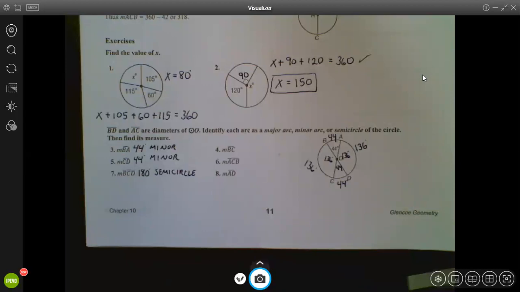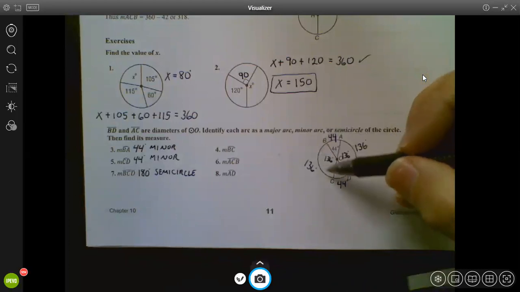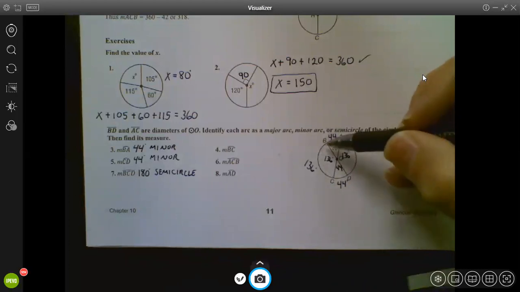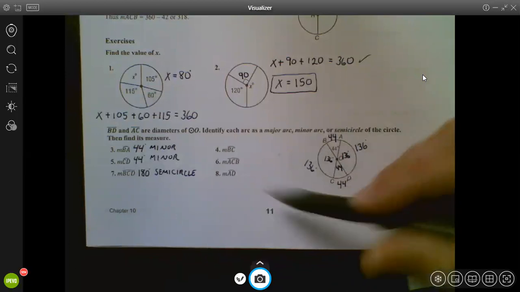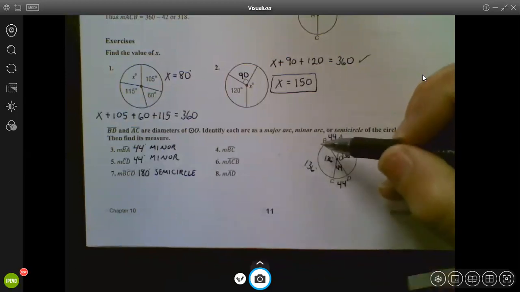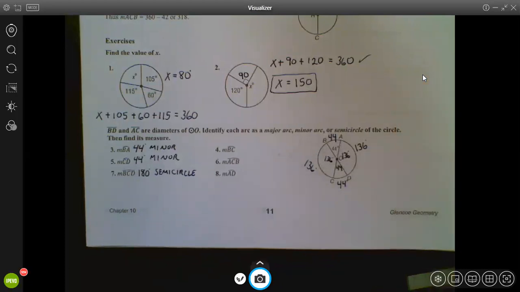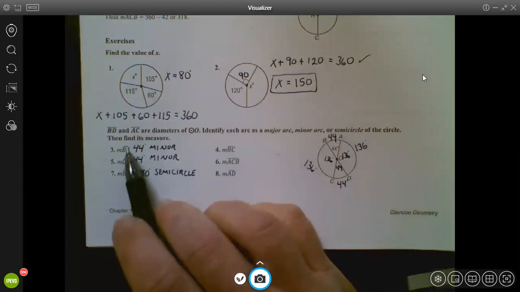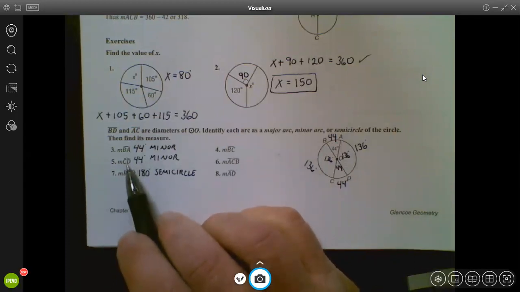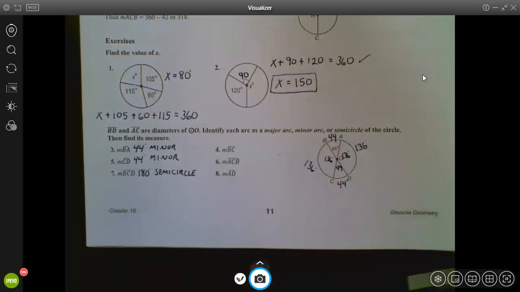If they just said arc BD, we wouldn't know if they want us to go this direction to get to D, or this direction to get to D. So they put in that 3rd letter, the C, to tell us to travel this direction to get that 180. So typically anything less than 180 is going to be identified with 2 letters. But as soon as you hit the 180 mark or bigger, they're going to throw in 3 letters to tell you which direction to travel.